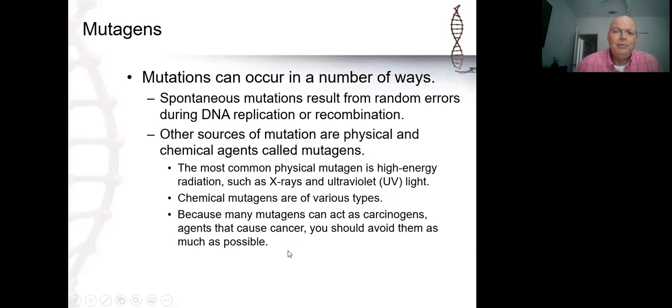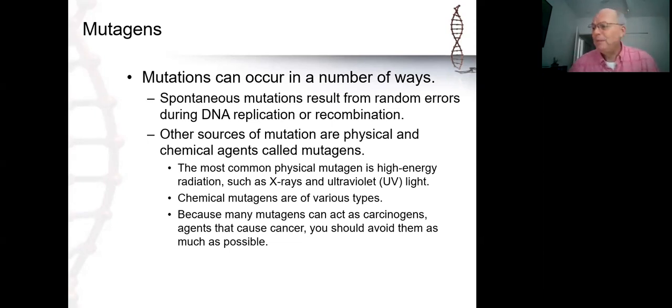The other thing that we need to be aware of is that much of mutations occurs in response to environmental conditions. Now, sometimes mutations occur as a consequence of the copying process.